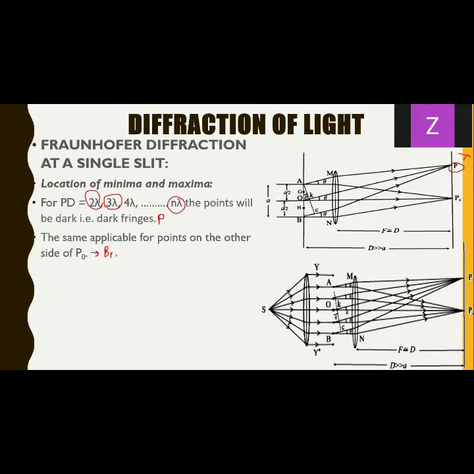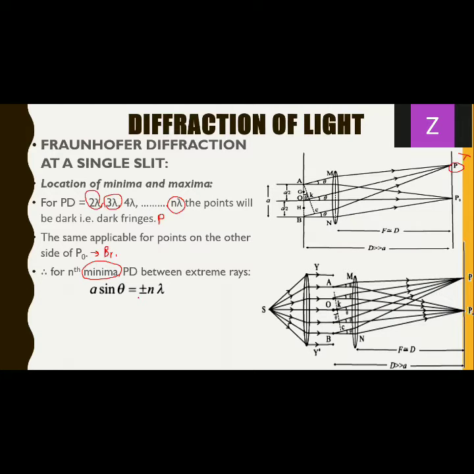So for nth maxima and nth minima, we can write the conditions like this. If we consider nth minima, minima कहाँ पे होगा? A sin theta is equal to plus minus n lambda.